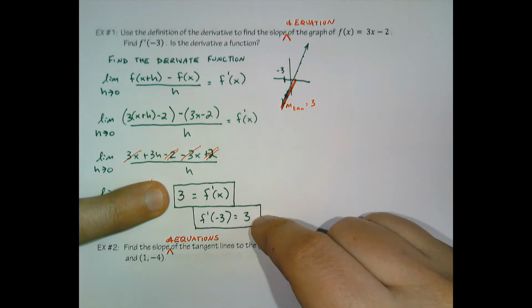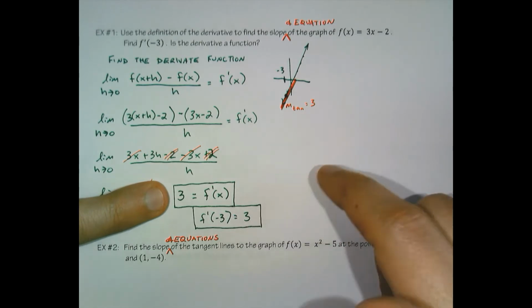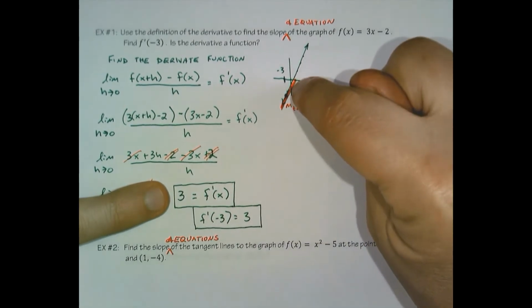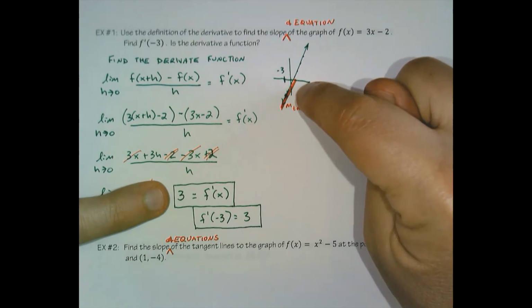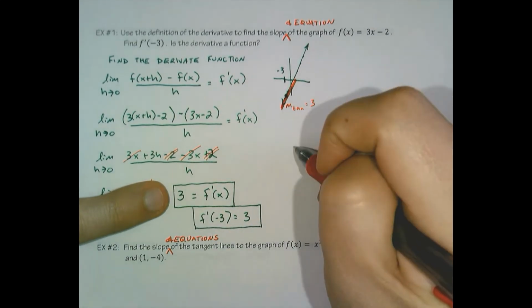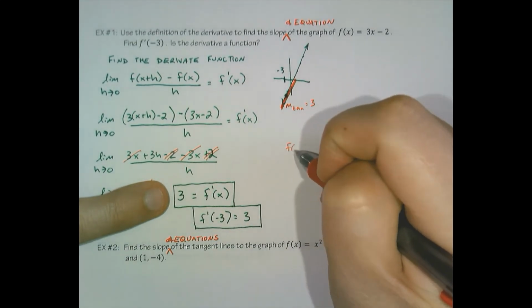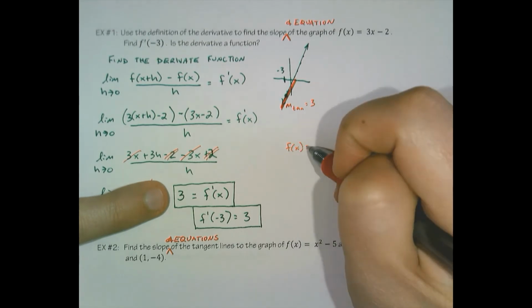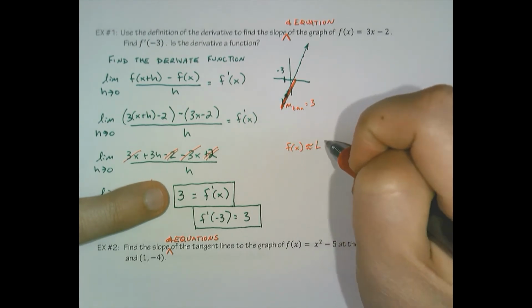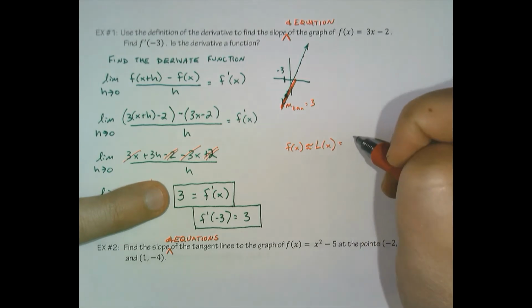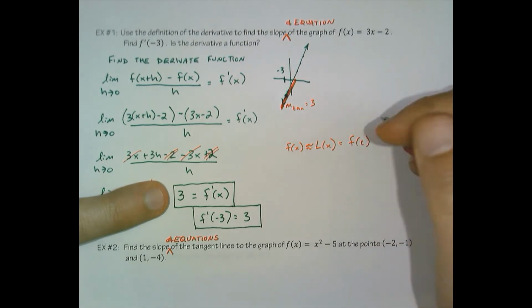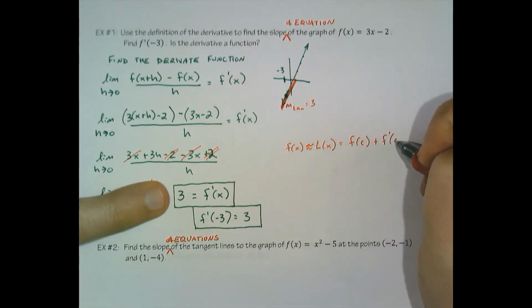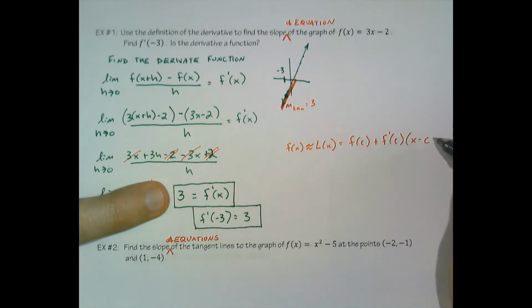Now we're going to use this information to write a tangent line equation. What is the equation of this red tangent line? Well, as I said before, this will pop up often. Writing the function as approximated by the tangent line, which is f of the center plus f prime of the center times x minus the center.